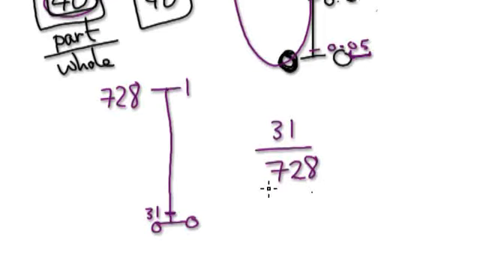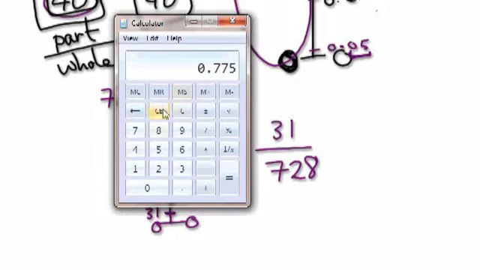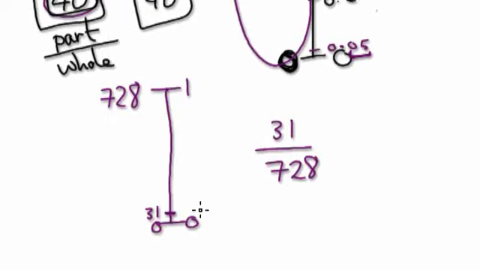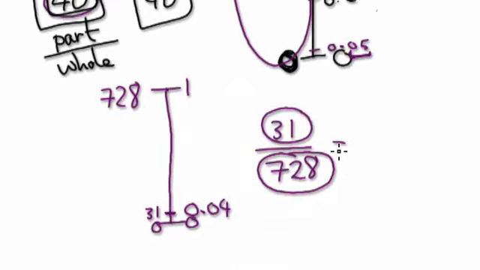So jump to a calculator, clear this. 31 divided by the whole thing, which is 728. This here is 0.04. If you got 31 out of this whole thing, this 0.04 is actually 4%.